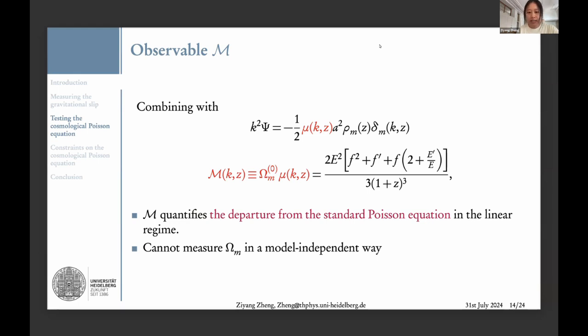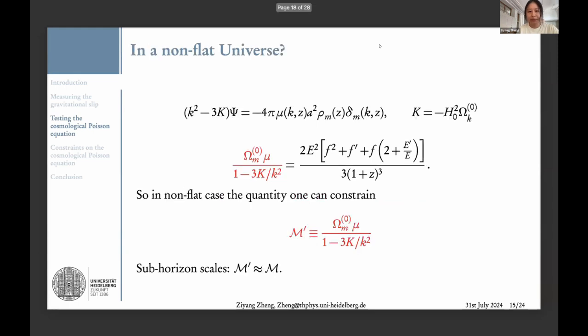We can only isolate this combination. This is because one cannot find a way to measure omega m0 in a fully model-independent way. So the minimum set of parameters that one can measure is this M quantity. And we also consider the case for a non-flat universe, because in that case, the modification of the Poisson equation changes a little bit.